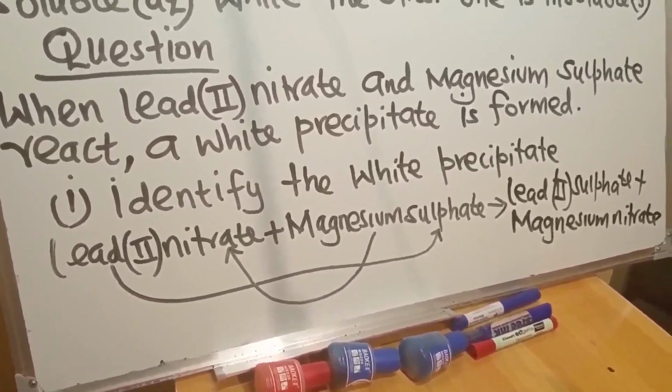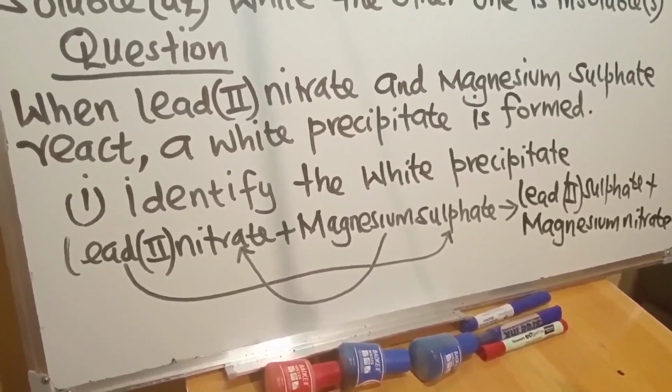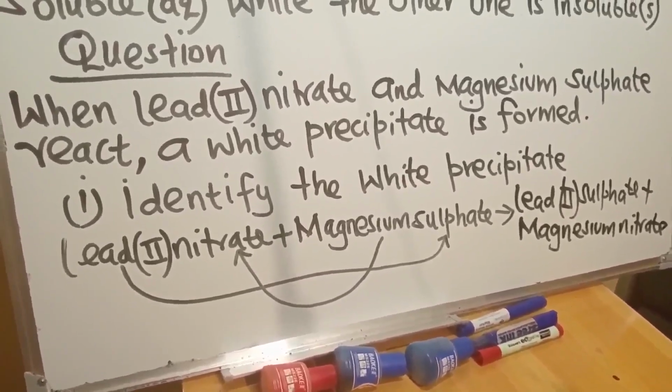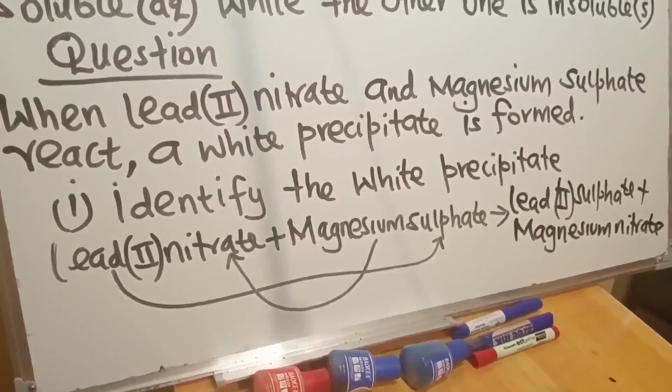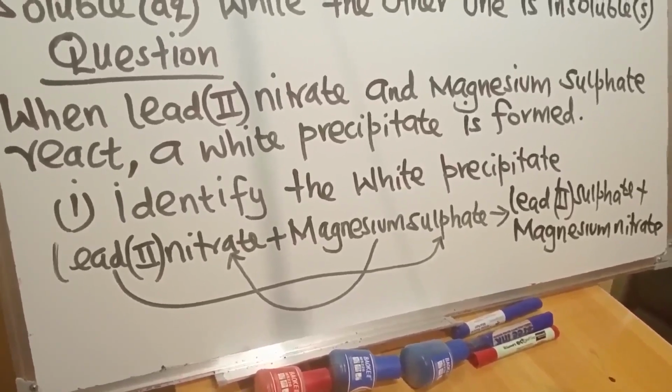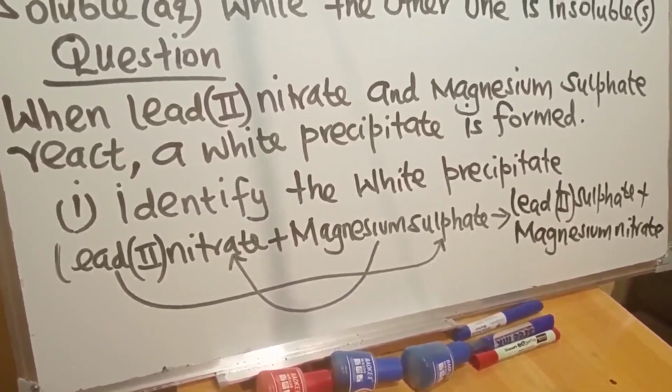And those salts that are insoluble are the ones that form precipitates. Because once they form precipitates, they will now be in the solid state. Because any salt that is insoluble, remember we said it is in the solid state.